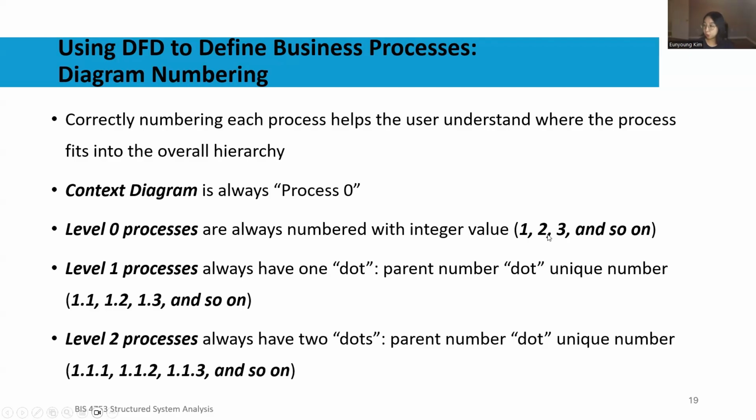And also, if you want to break down the process 1 into level 1 processes, you will use the dot to show it is a sub-process, like 1.1. This is the level 1 process of the process 1. 1.2 will be a level 1 process of the process 1.